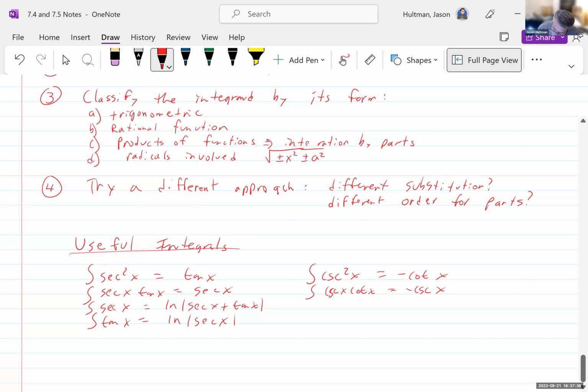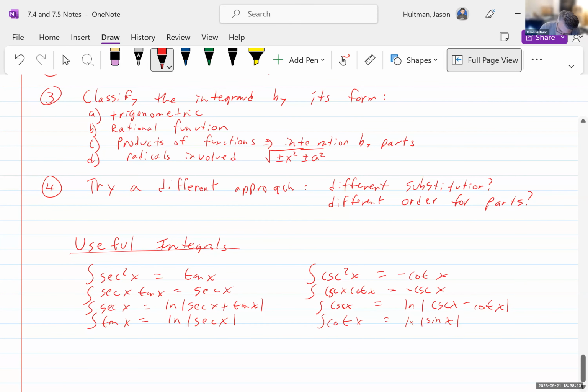The integral of cosecant x is equal to the natural log of cosecant x minus cotangent x. Okay, the integral of cotangent x is equal to the natural log of sine x.